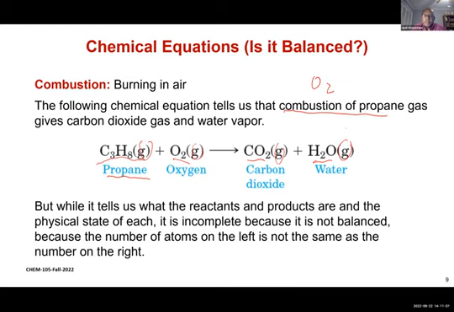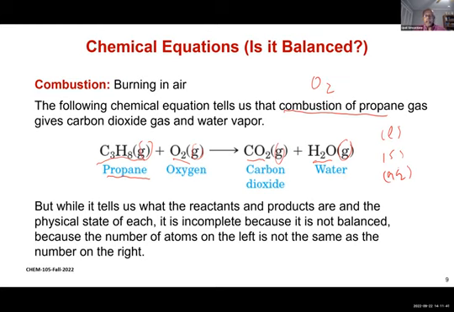Otherwise, we have to put the physical state in the chemical equation. Physical state could be gaseous, liquid, solid. AQ is water solution. In water, something that is not liquid or solid is called an aqueous solution, AQ. They are dissolved in water, and this is mainly ions.